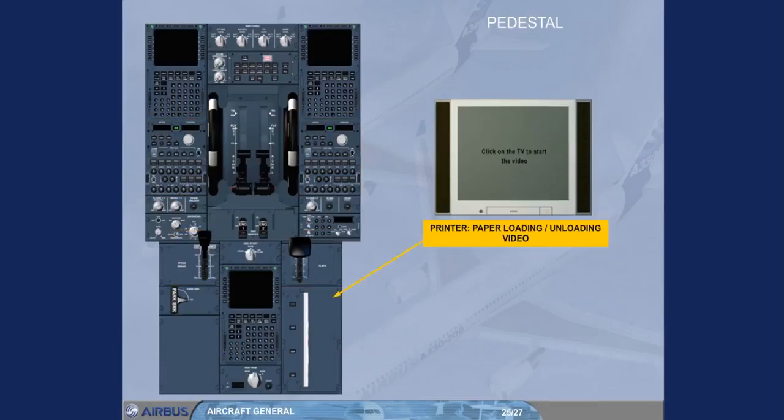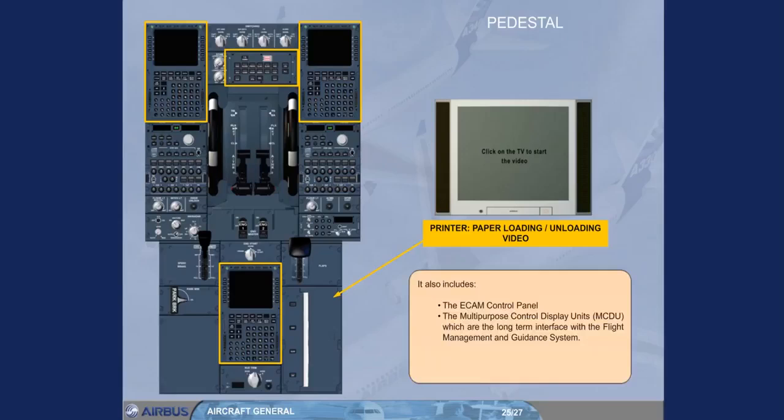It also includes the ECAM control panel, the multipurpose control display units, MCDU, which are the long-term interface with the flight management and guidance system. Click on the forward arrow to return to the cockpit.